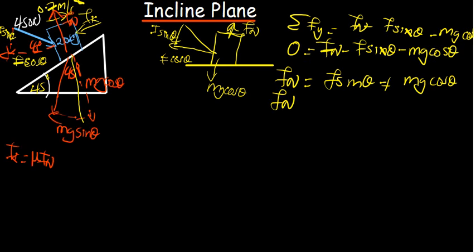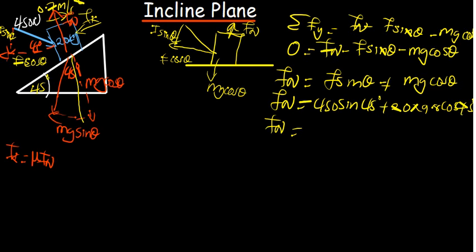At the same time we can calculate Fn. So we have Fn is equal to, what is F? F is 450 sin 45 degrees plus, again, m is what? Our m is 20 times 9.8 cos 45 degrees. So we can resolve that one.